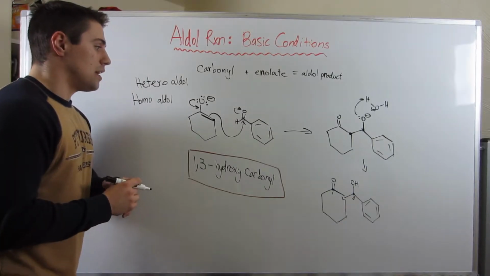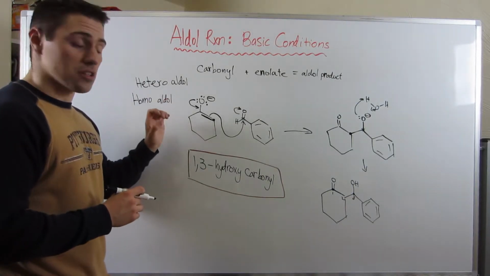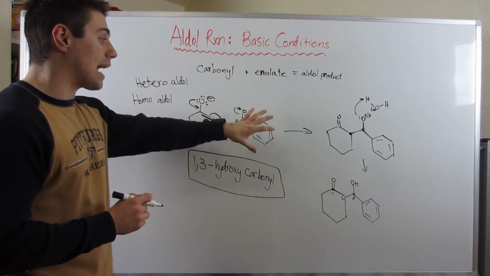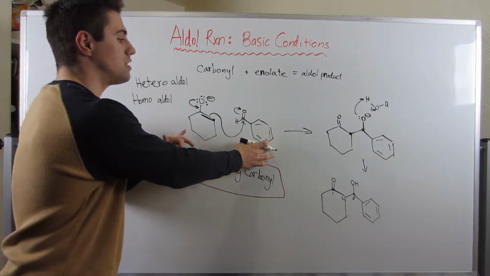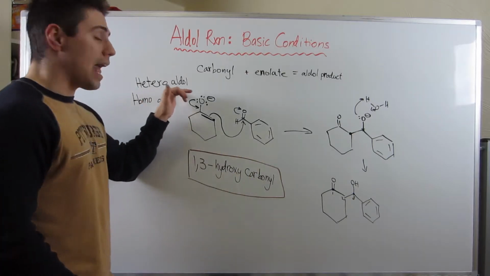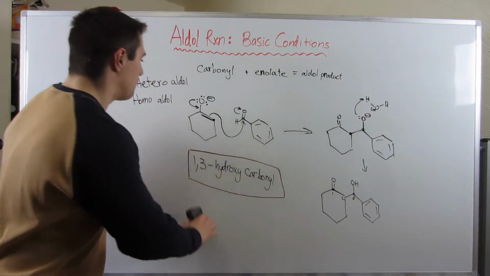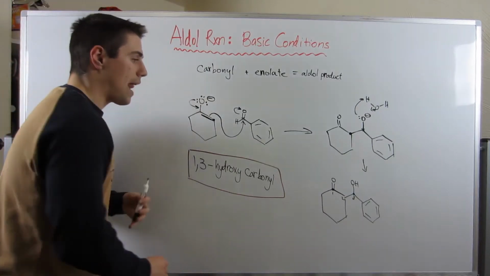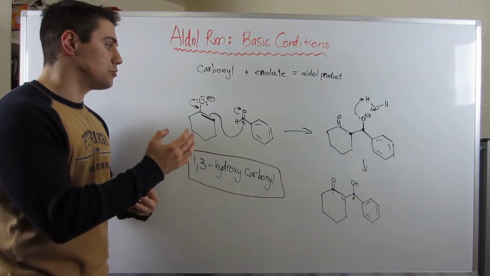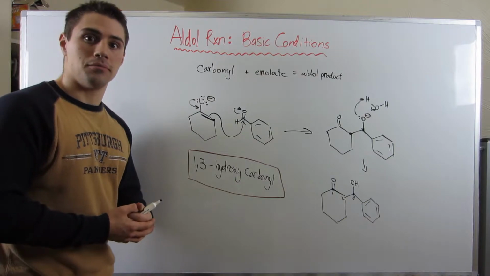So if you use your enolate and it attacks that same kind of carbonyl, it's called your homoaldol product. But if you use 2 different species, that would be your heteroaldol product. Okay, so let me erase this. I'll show you what happens when we add heat, and I'll show you a homoaldol example.